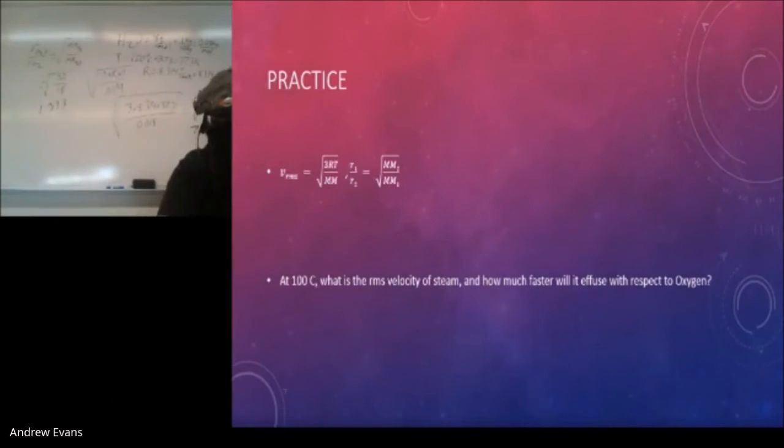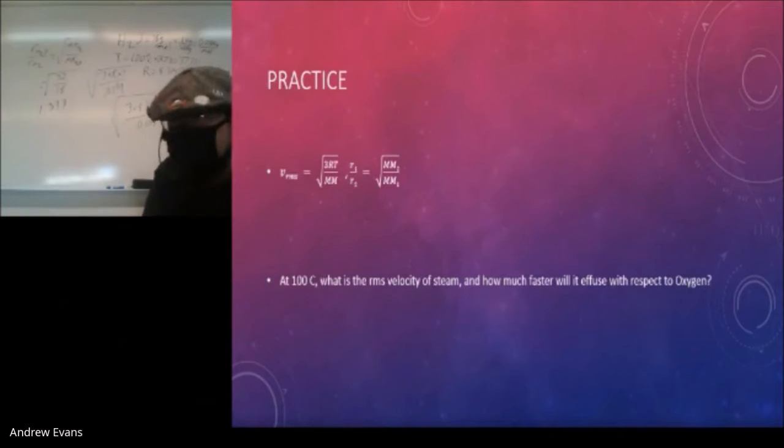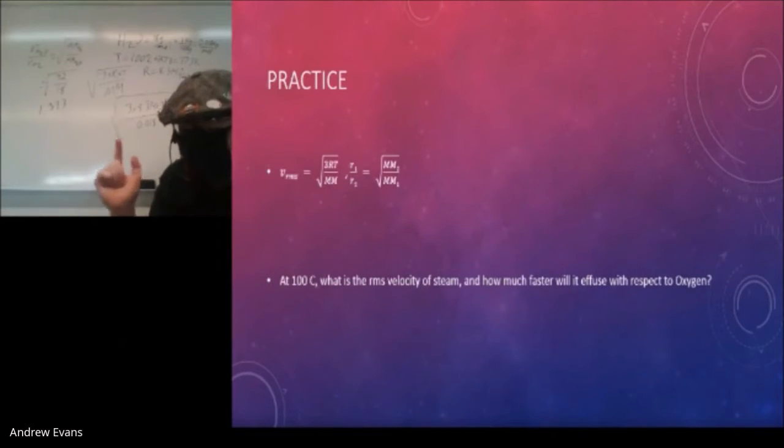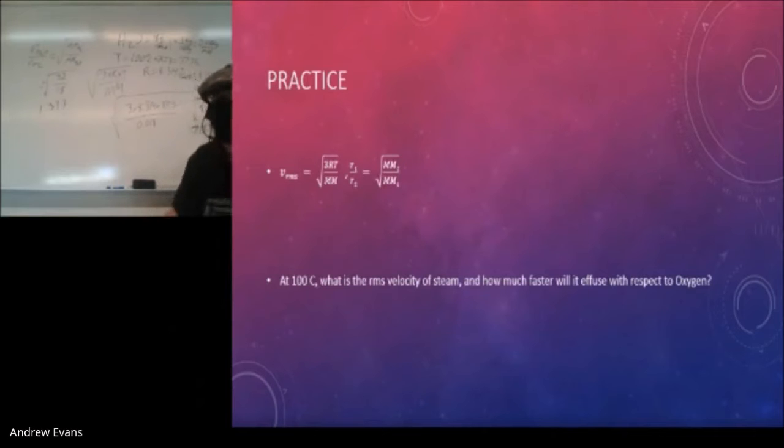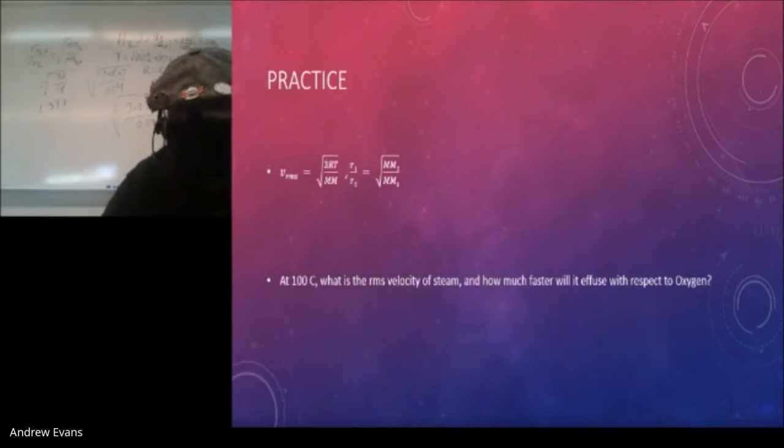Most of these numbers, if I say how much faster will this go, the number should be greater than 1. 1.3 means 133% of the speed, not doubling the speed, but 1.3 times the speed. So you should almost always get a number greater than 1. So that's a big hint.